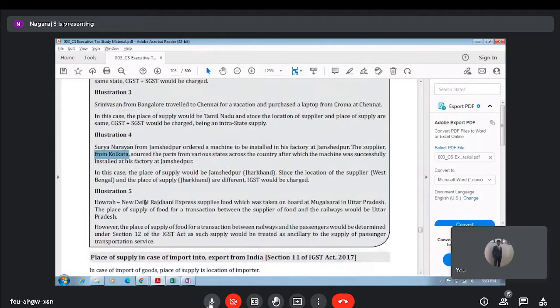Howrah New Delhi Rajdhani Express supplies food which is taken on board at Uttar Pradesh. Where are the goods taken on board? UP. Place of supply will be UP.